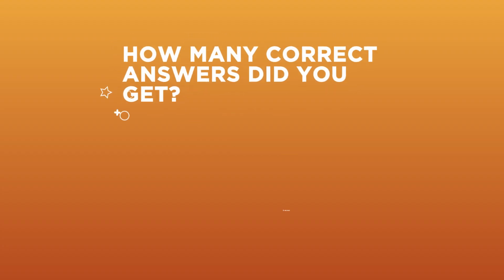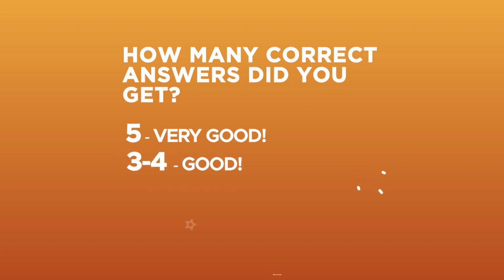How many correct answers did you get? If you got 5, very good. If you get 3 and 4, good. If you get 2 and below, study more. Great job, kids! We are nearing now to the end of our lesson.